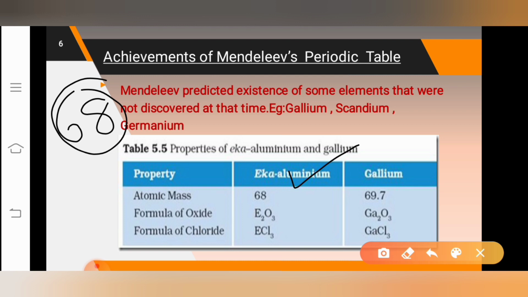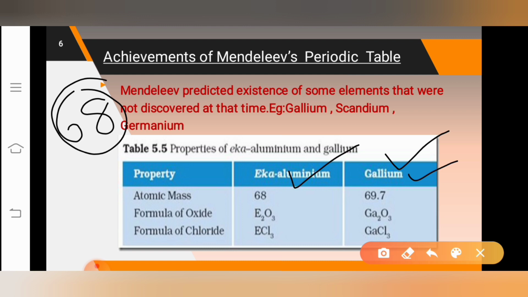He called it Eka aluminium because it should be found along with aluminium, and in the future it will be called gallium. When it was found, it was Eka aluminium because it was along with aluminium, and it is called gallium in future. Clear? This Eka aluminium is called gallium in future.